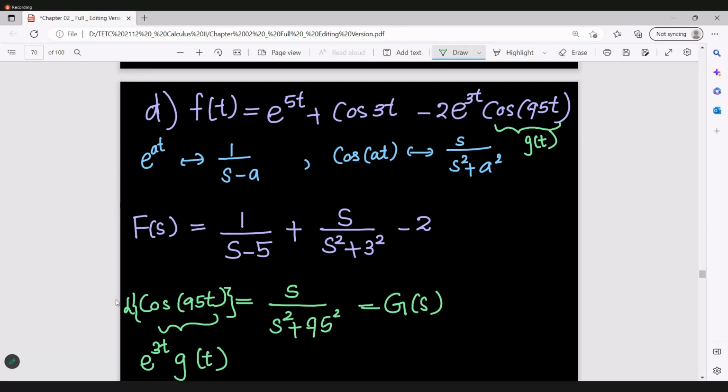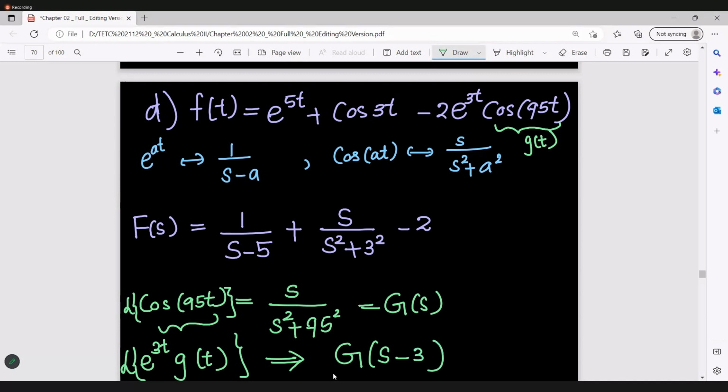The Laplace transform of g of t is capital G of s. So if we are asked to find the Laplace transform of e to the power 3t times g of t, we need to consider G of s minus a, where a comes from e to the power 3t. So we need to consider s minus 3.